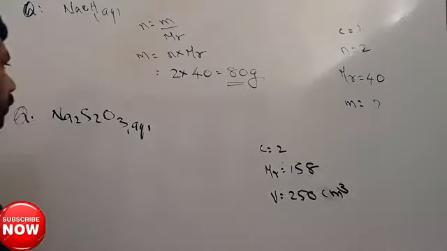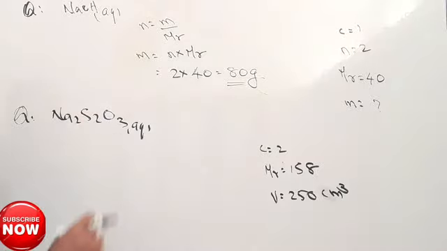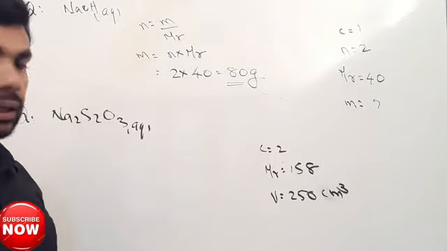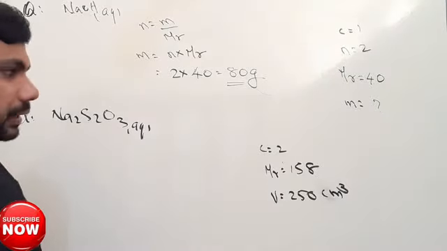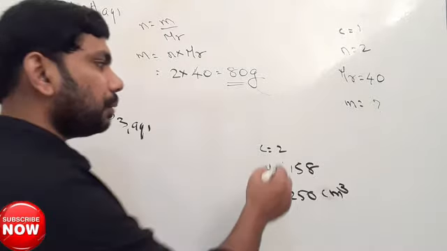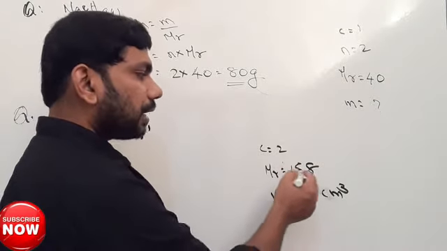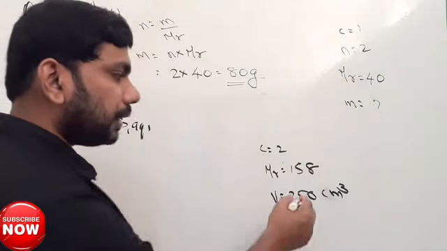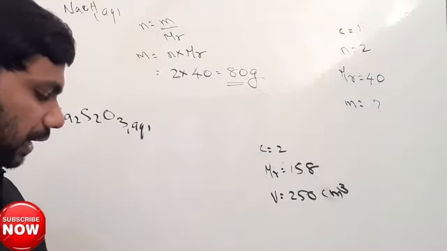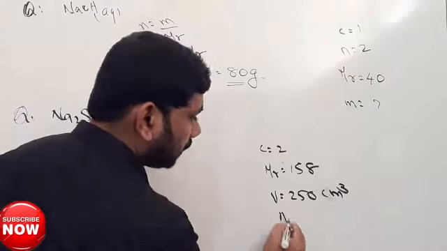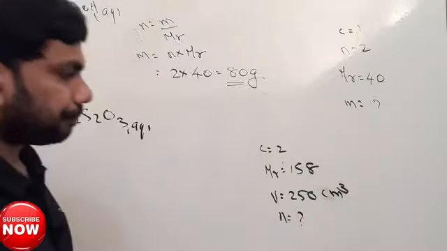Next question we have Na2S2O3, sodium sulfite. Here we have an aqueous solution of Na2S2O3, its concentration is 2 mole per decimeter cube, molecular mass 158, volume 250 centimeter cube. Here we have to calculate the number of moles.